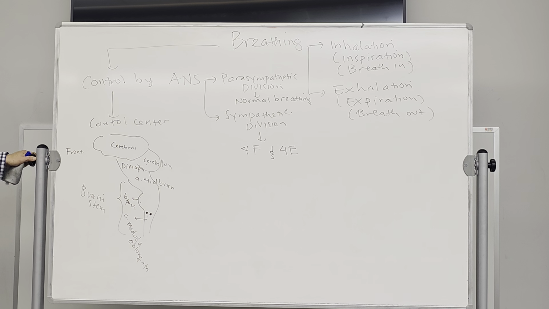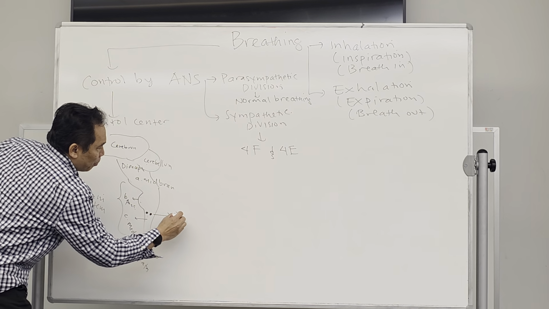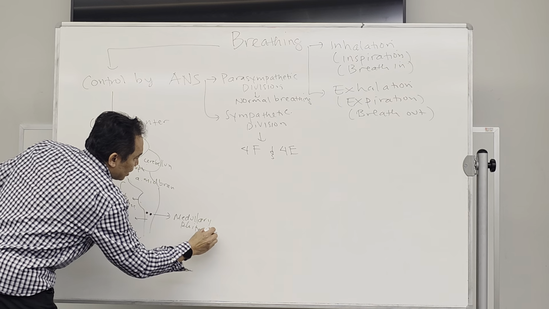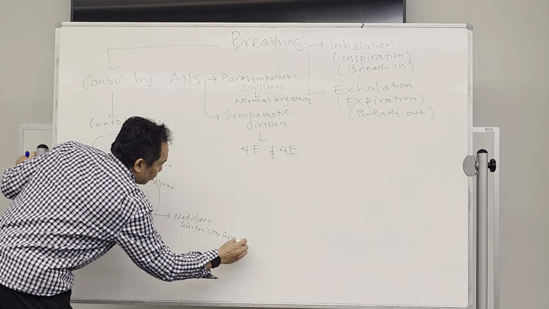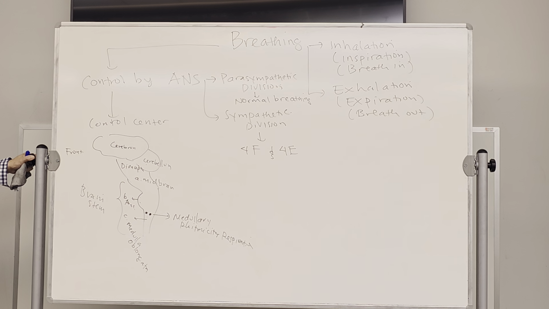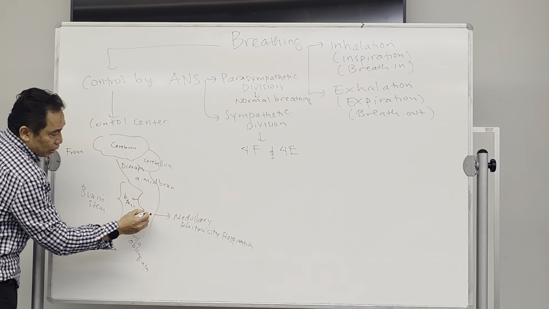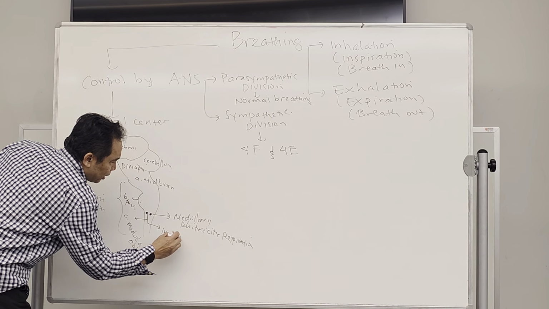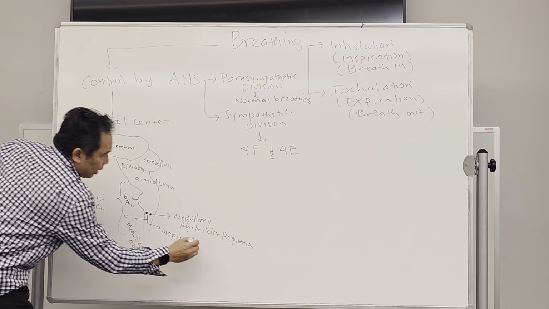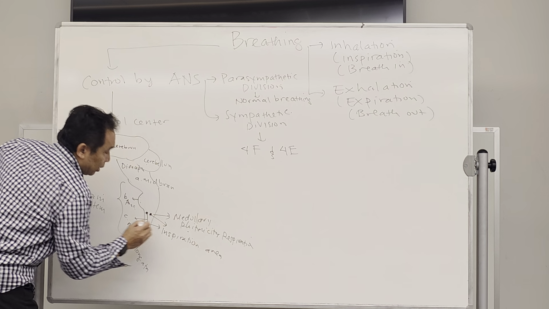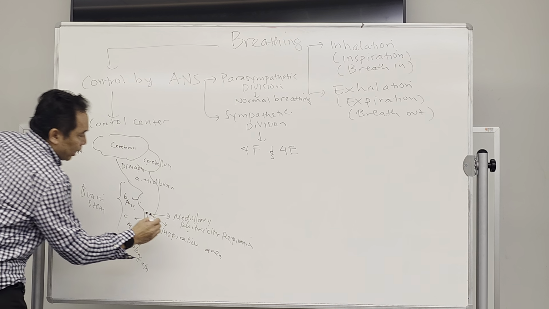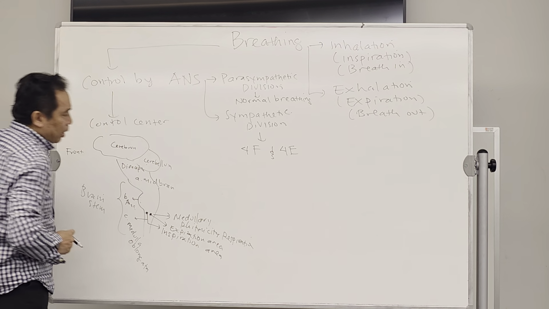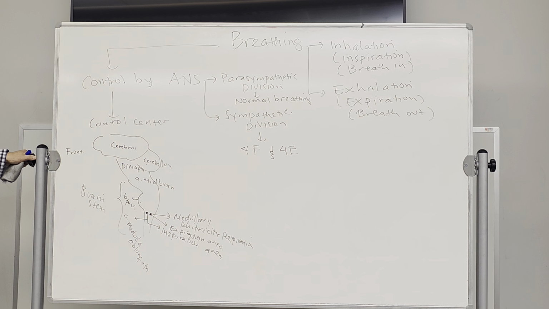This area is called the medullary rhythmicity respiratory area. It consists of the front part, which is the inspiration area, and the dorsal part, which is the expiration area. So you have expiration and inspiration.